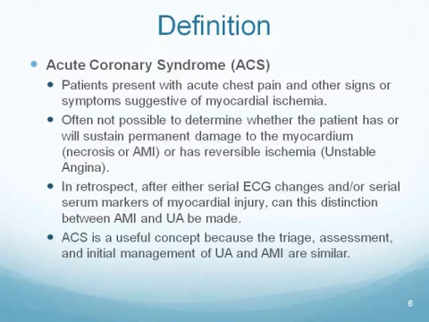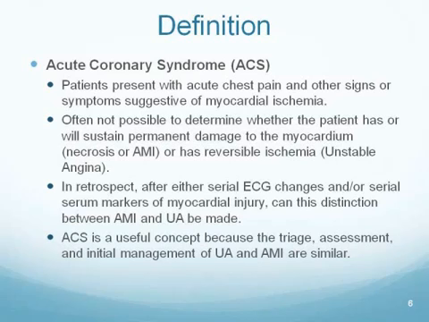So what happens is after perhaps 6, 8, 12, 24 hours, somewhere within that time frame, the diagnosis is actually made, and it's primarily made based on whether the serial markers in the blood indicate myocardial injury.